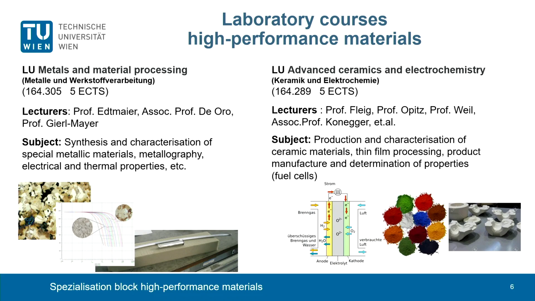We had this lecture together once, but from an organizational viewpoint, it is better to divide it, so it's easier for you to choose when to do the lab course. We are doing a synthesis and a characterization of a special material, of an additive manufactured steel, of a high-performance ceramic to be used in a fuel cell. And you will see if it works finally. If you've done everything right, then your fuel cell will produce some current.